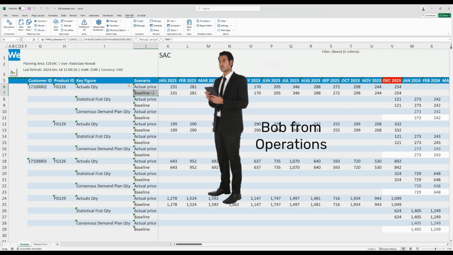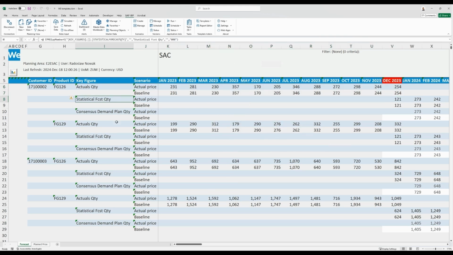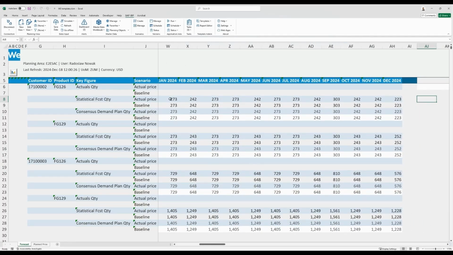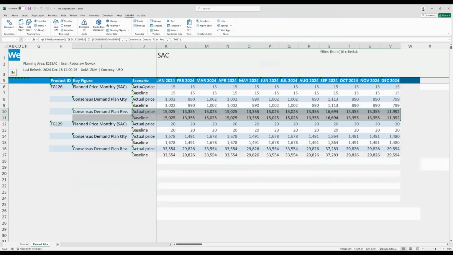And now let's jump to the other side. So this is Bob now from operations. He's logged into IBP. IBP can also be web-based. Here he's using the plugin for Excel because it's easier if you're doing mass changes. So he's looking at the statistical forecast. So the quantities which we're forecasting as we're arriving at our consensus demand.